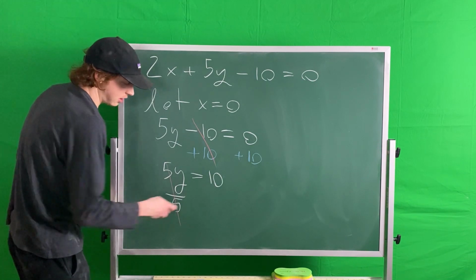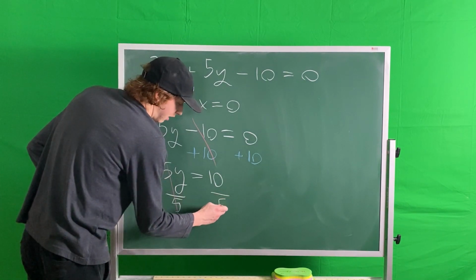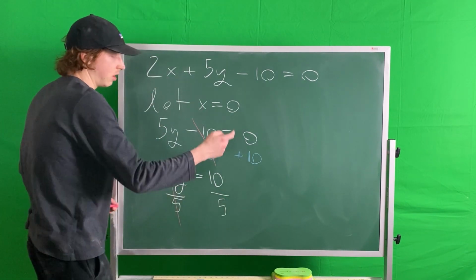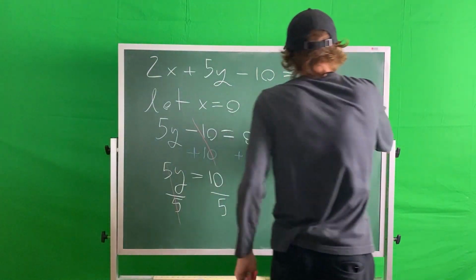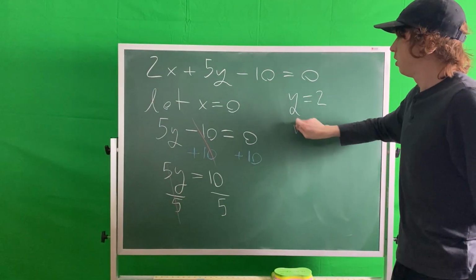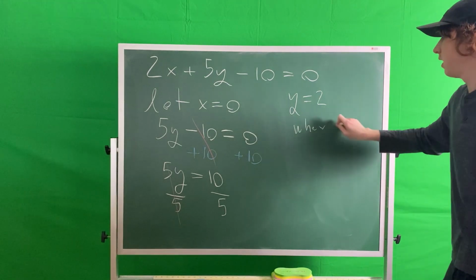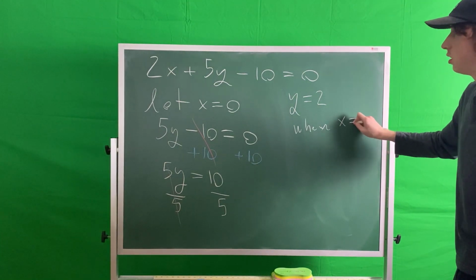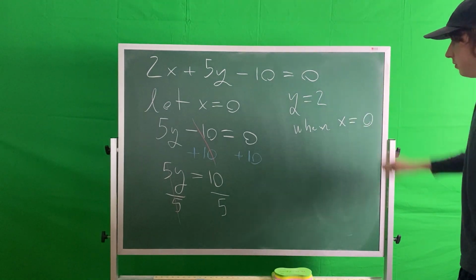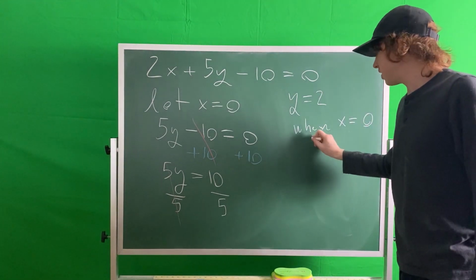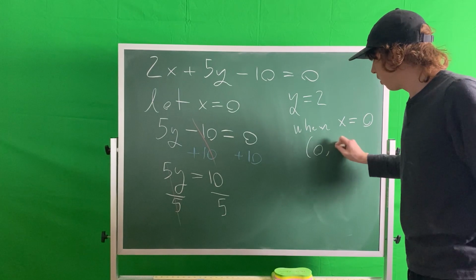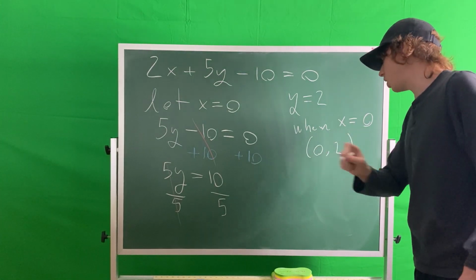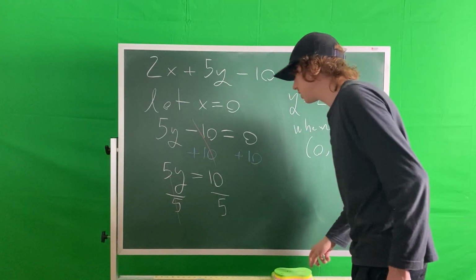Those 5's cancel, divide by 5 on this side, and we are left with y is equal to 2 when x is equal to 0. This can also be expressed as the point 0, 2, which we are going to be expressing it as.